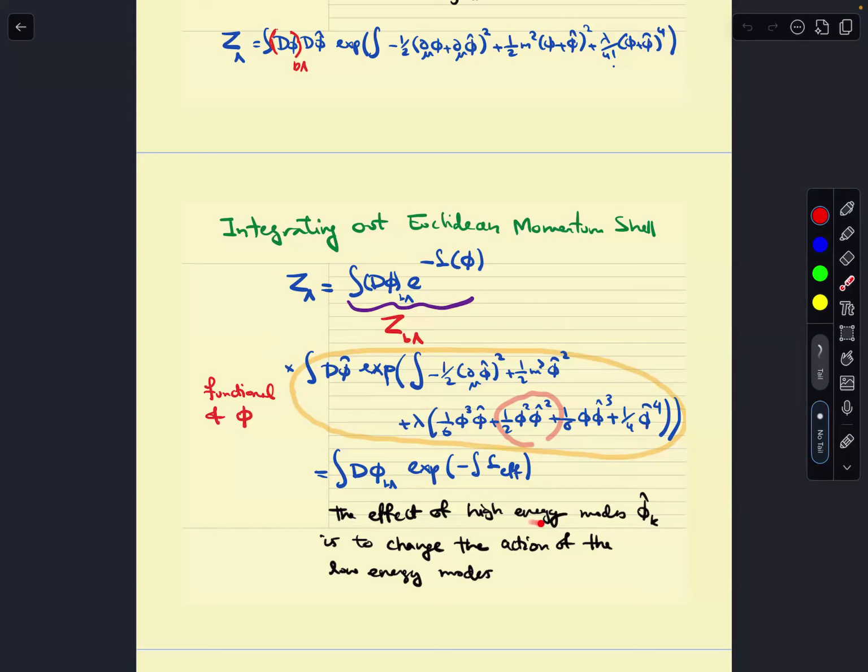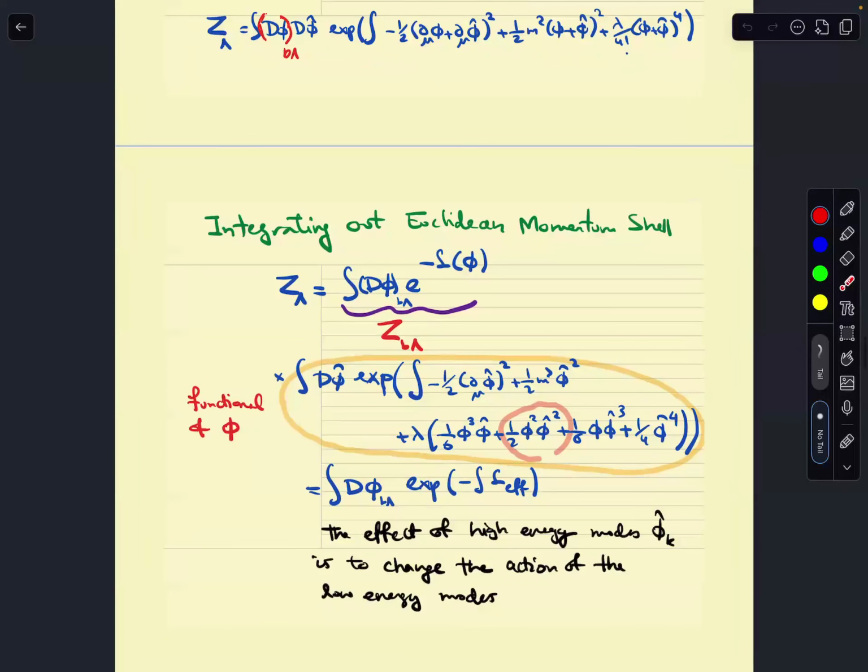So the effect of the high energy momentum modes, this Euclidean momentum shell, is to change the action of the low energy modes. All right, is this clear? This is very important. I'm going to make a pause here. Any questions about this?